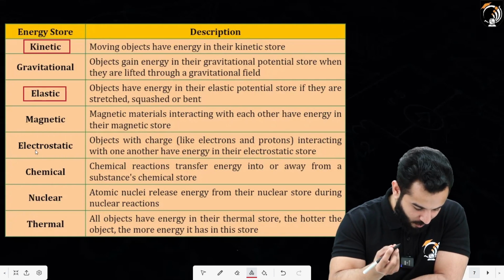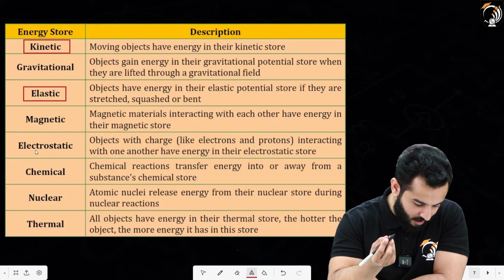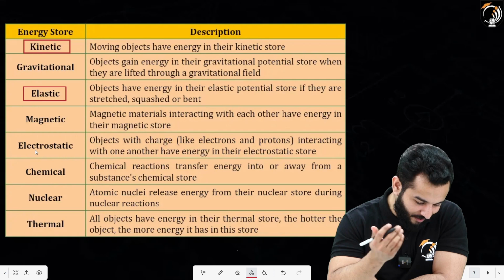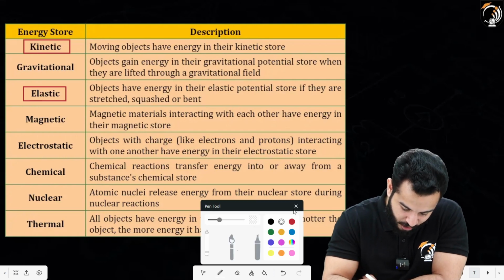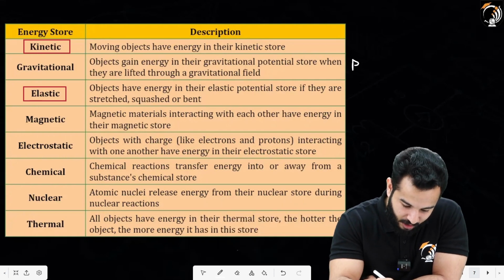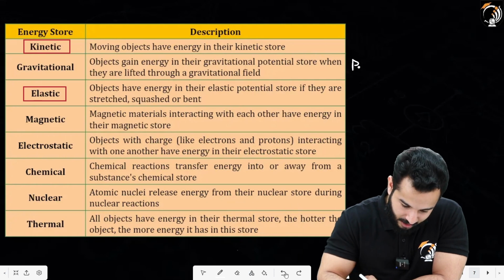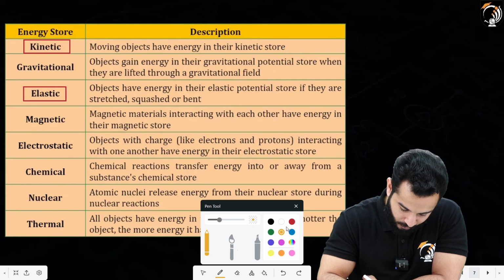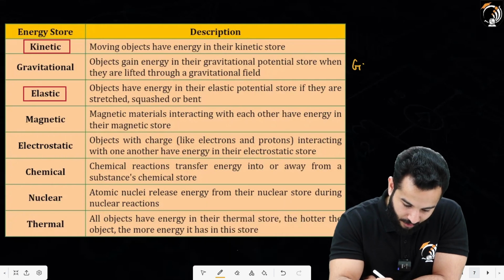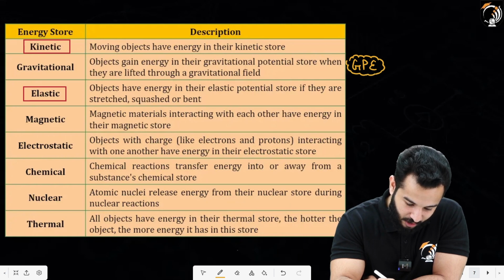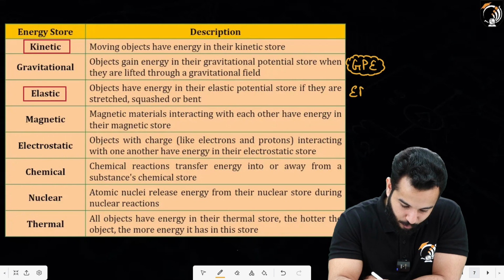We must also write potential energy, but what they have done is use potential energy over here. So it is gravitational potential energy, right? I'll write it over here, friends, for you. We have got gravitational potential energy. That's why they have just written gravitational energy. We have got elastic potential energy.